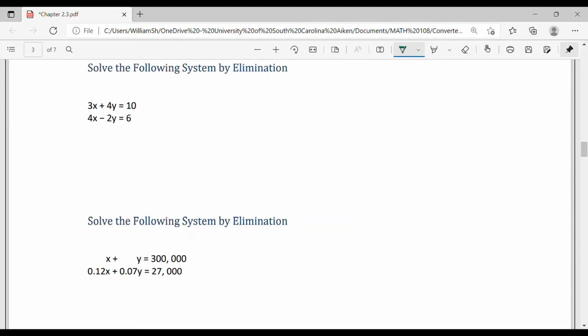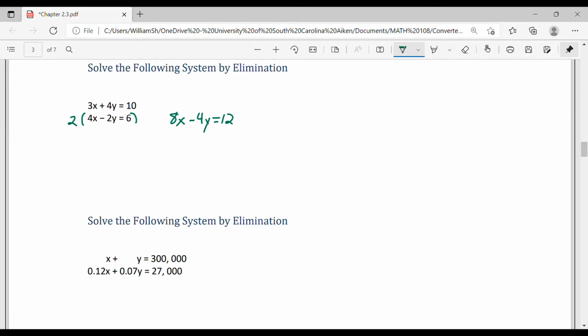But if I look at my y variable here, I've got a 4y here and a negative 2y here. I could easily multiply the negative 2y times 2 and be able to cancel out this 4y with a negative 4y. Follow what I'm saying here? So if I multiply this whole bottom equation by 2, the resulting equation would be 8x minus 4y equals 12.